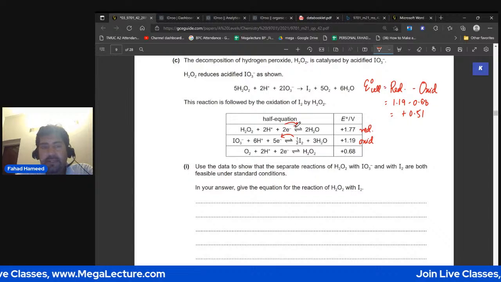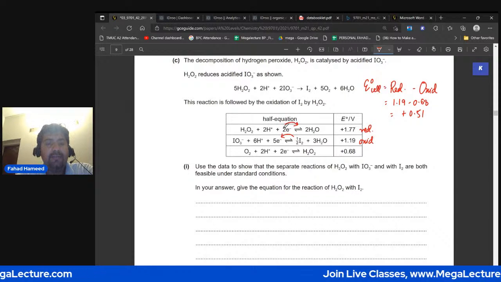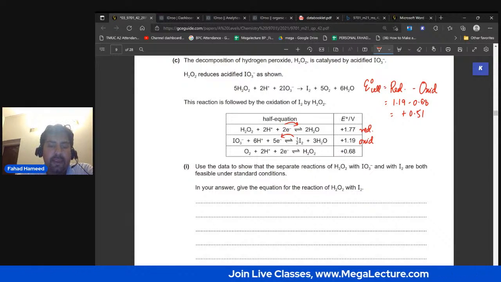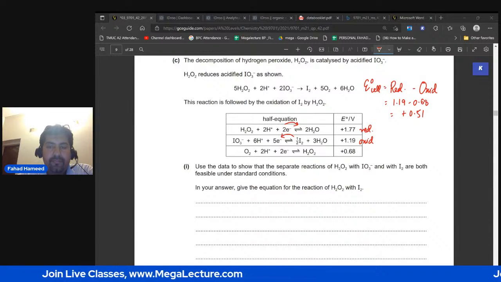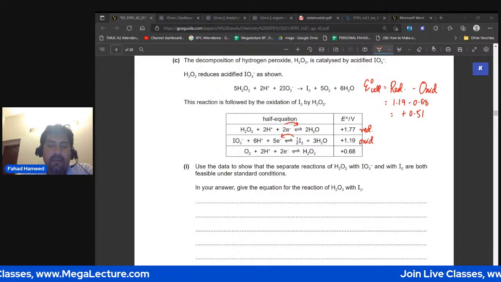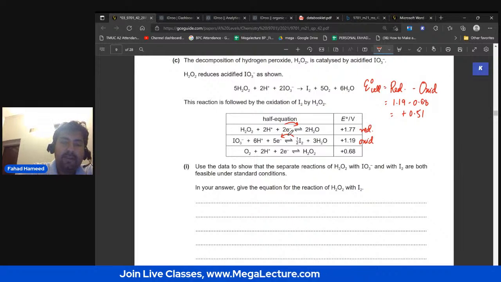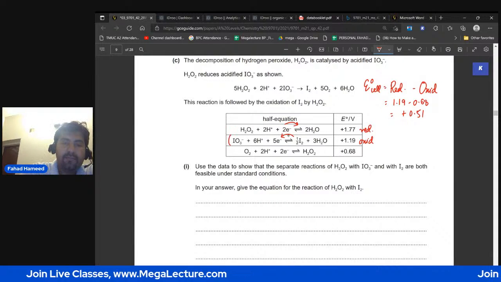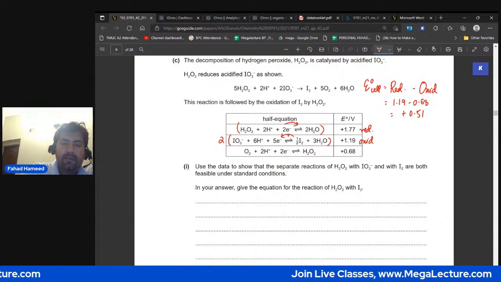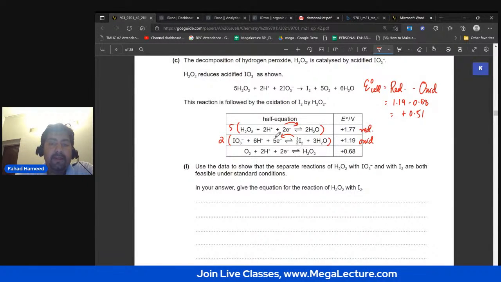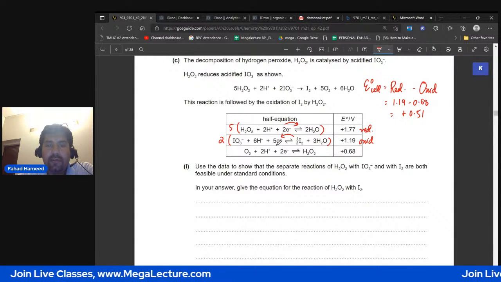All I have to do is add the two equations up. But before that, I need to multiply the bottom equation by 2 and the top equation by 5, because the number of electrons gained and lost has to be equal. And add up the reactants.